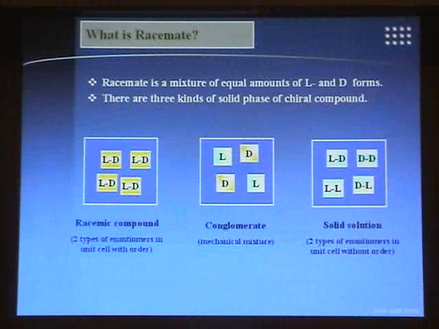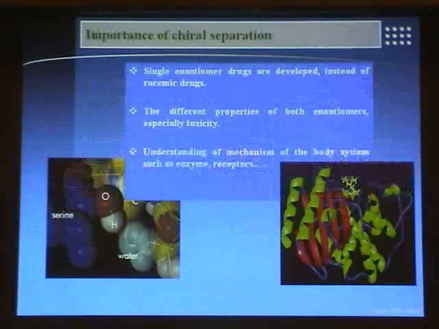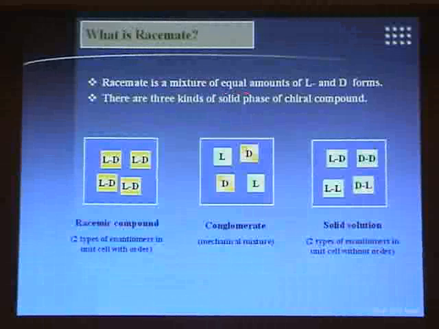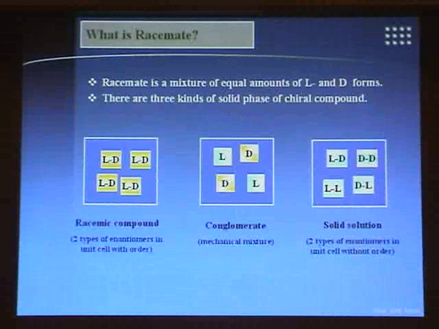In the solid phase, two enantiomers make the racemic solution in a 50-50 ratio. And there, in the solid phase, there are three types of chiral compounds depending on the molecular arrangement.